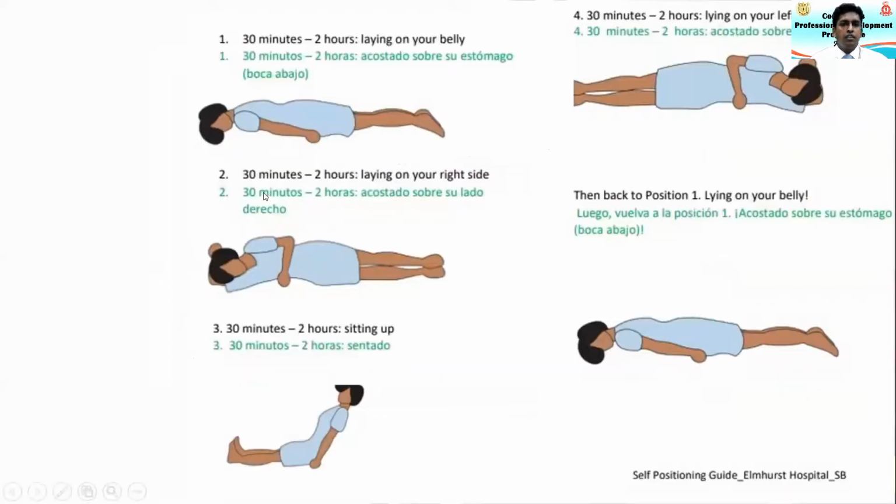So these are the methods you use for conscious proning, the technique of conscious proning. Each position you keep the patient for about 2 hours. It's very difficult to keep the patient in prone position throughout the hospital stay. First, you have to discuss with the patient.